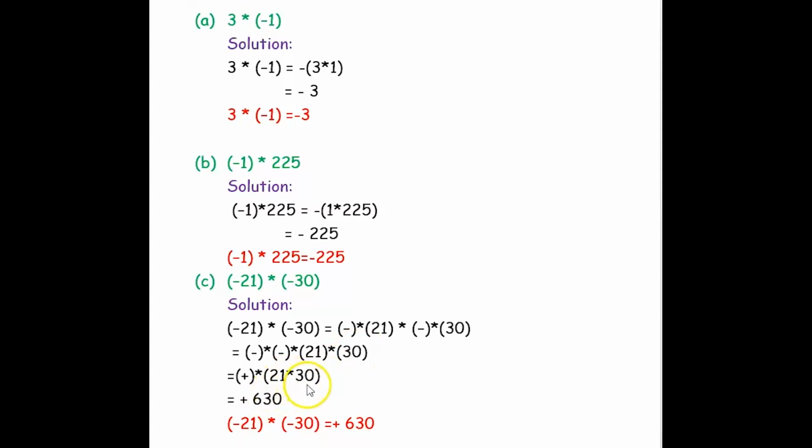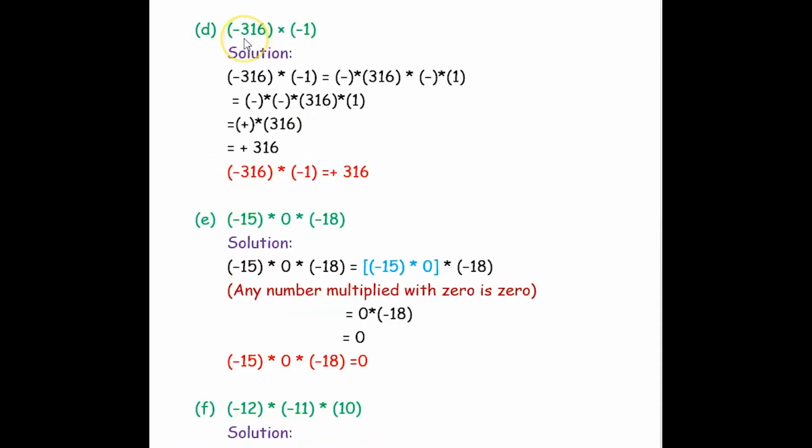So, that is 21 into 30. 21 into 30 is 630 and we have a positive sign in the front. So, negative 21 into negative 30 is positive 630. We have already learned the property that if we are multiplying an even number of negative integers, then our sign will be positive and we can multiply the integers separately.